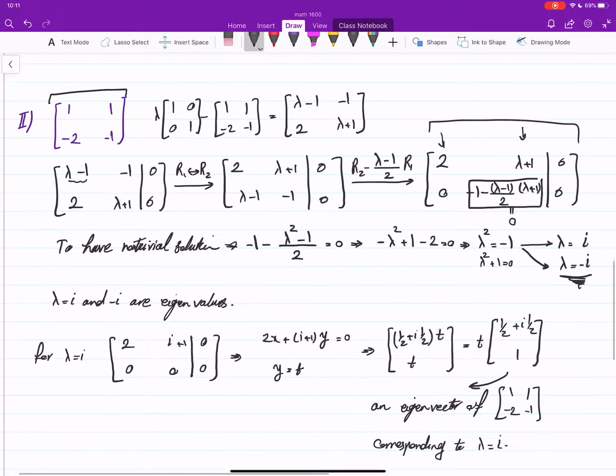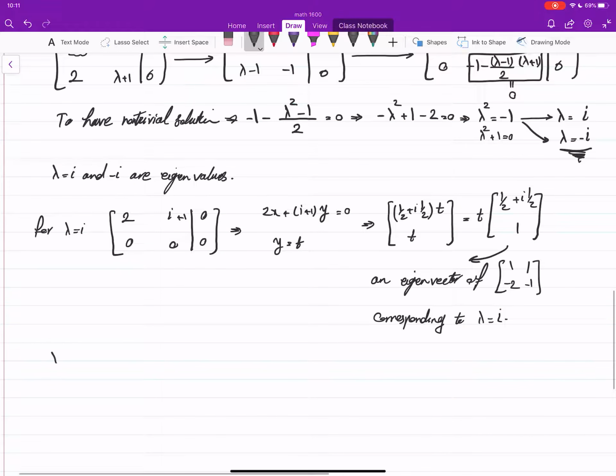Well, you can find it for lambda equal to negative i. Please do it yourself and make sure that, oh, I made a mistake here. There is a negative sign here, so this will be a negative i. Yes, because when I take this to the other side, it will be minus of (i plus 1) divided by 2.